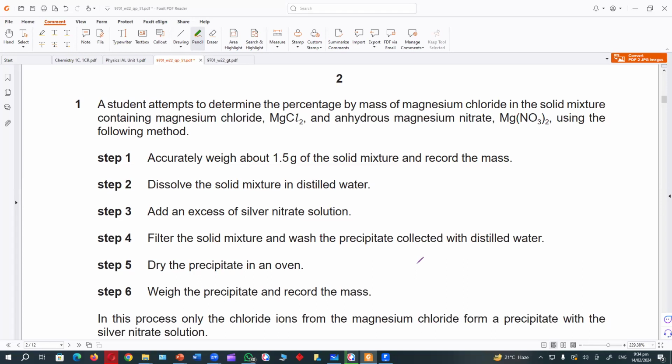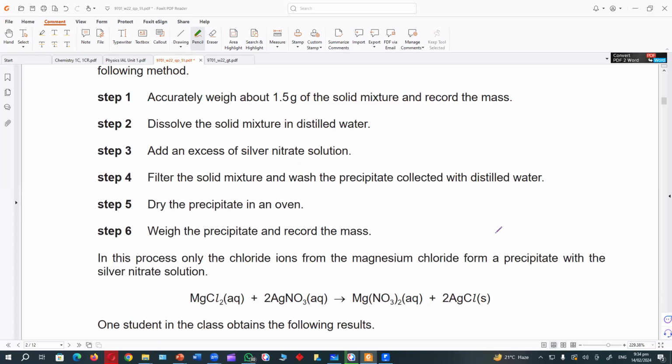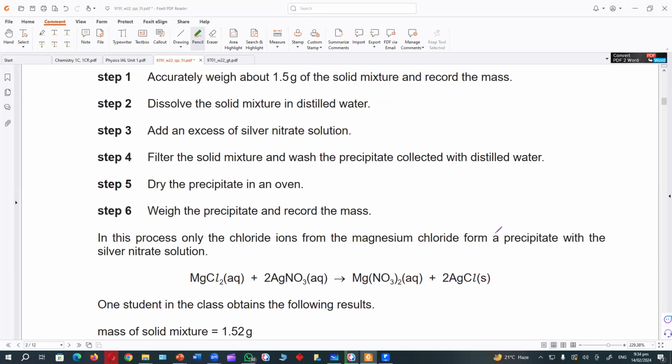Dissolve the solid mixture in distilled water. Add an excess of silver nitrate solution. Filter the solid mixture and wash the precipitate collected with distilled water. Dry the precipitate in an oven. Weigh the precipitate and record the mass.